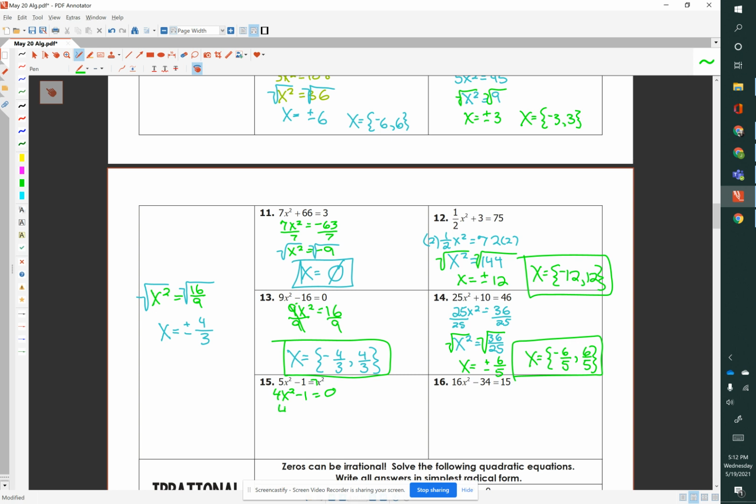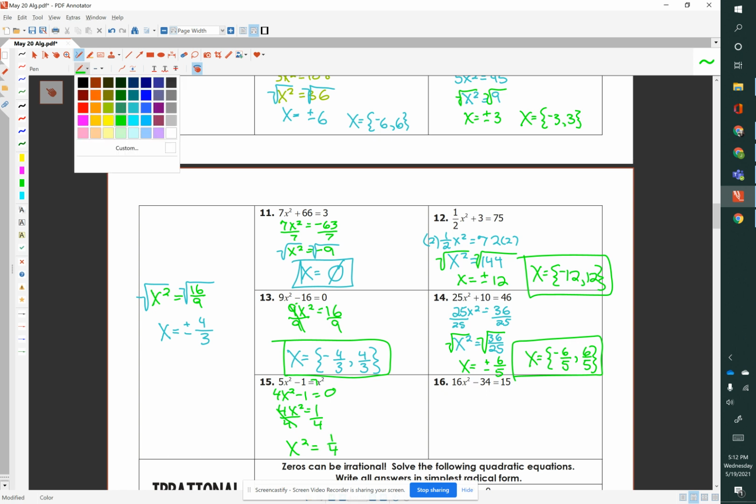We move 1 over, so it would be 4x squared equals negative 1, or equals positive 1, excuse me. And then we divide by 4. And x squared equals 1/4. And that's okay. We can work with that.